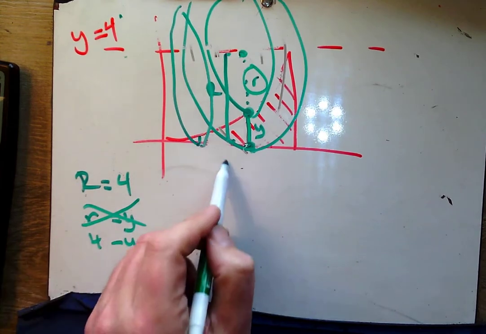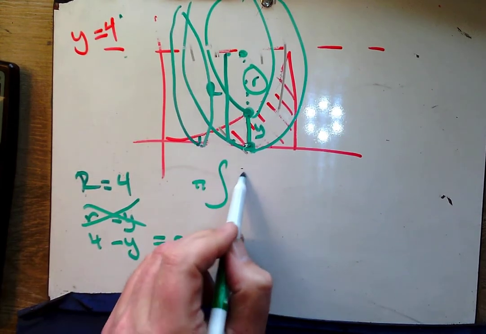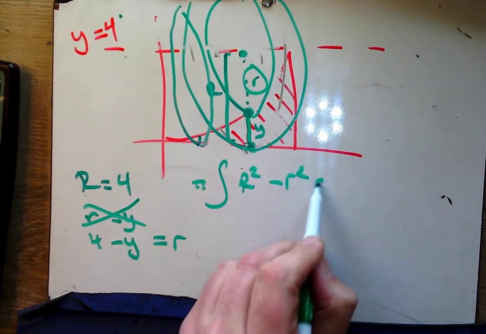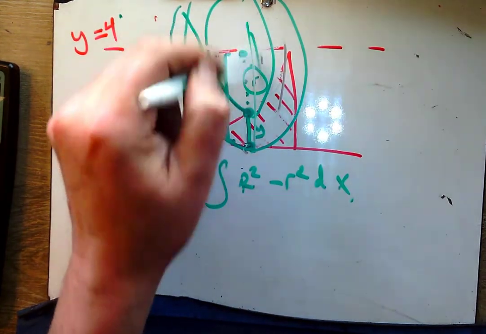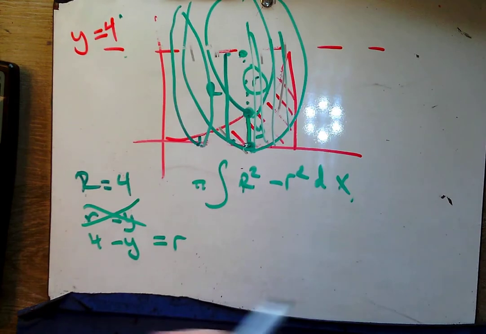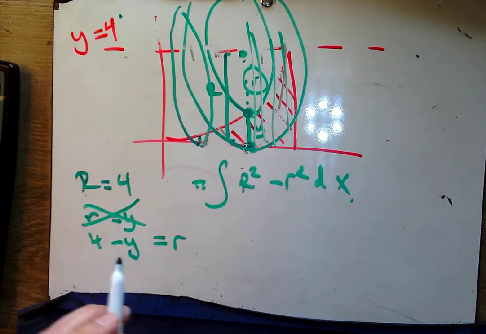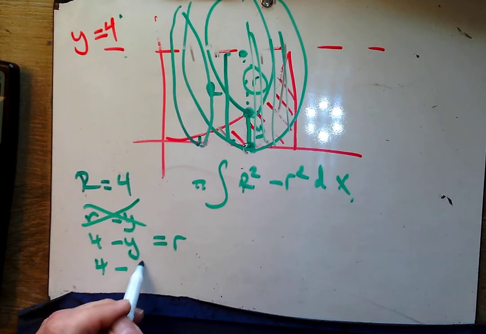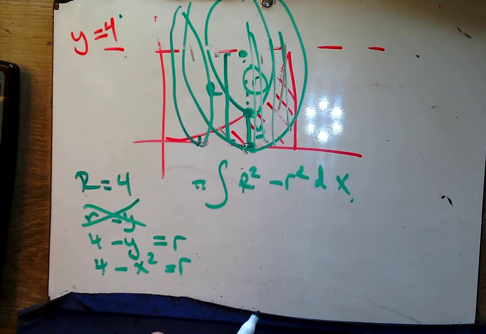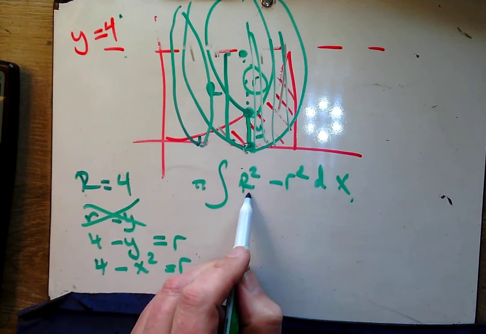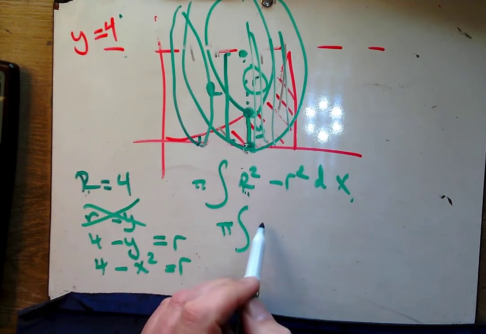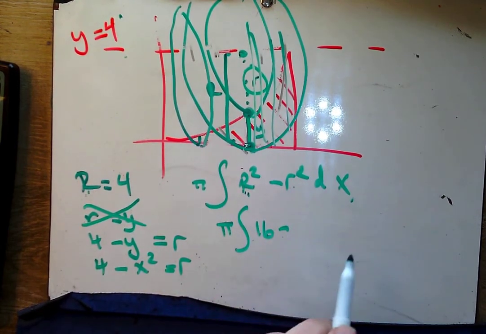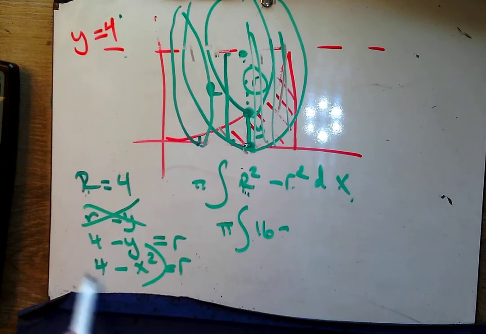Okay, so pi big R squared minus little r squared dx. Oh, dx, that's right, these slices go this way. So I've got to get rid of this y and replace with x stuff. 4 minus x squared is r. Okay, our formula here, we plug in big R, 16 minus little r squared.